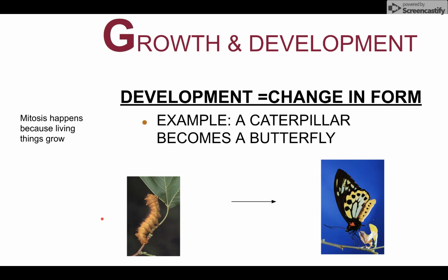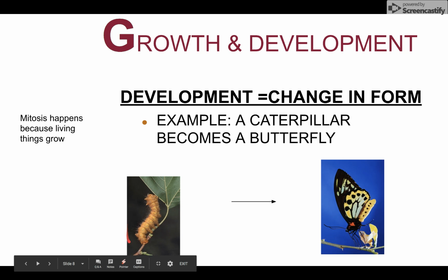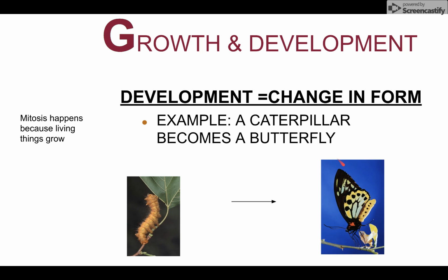Growth and development is basically the ability for something to grow in terms of size or to change its form, right? So a very clear example in this figure here is a larva or larvae that is turning into a butterfly. So that's an example of growth or development. Another example of growth that we've seen is when we looked at mitosis.